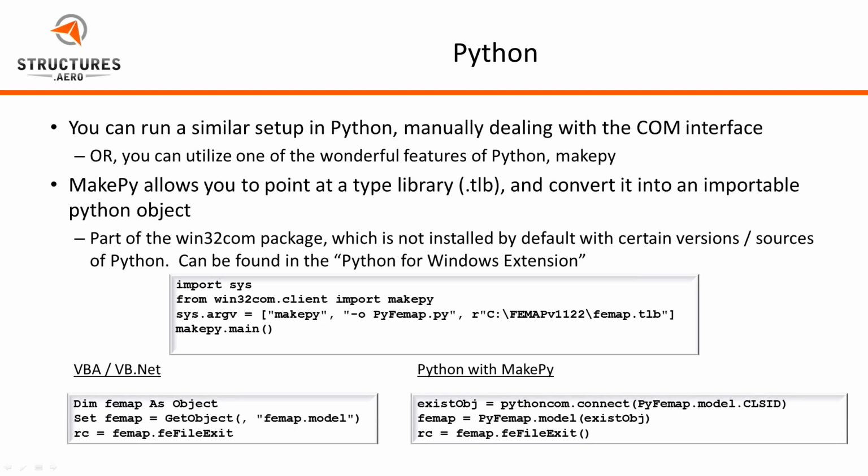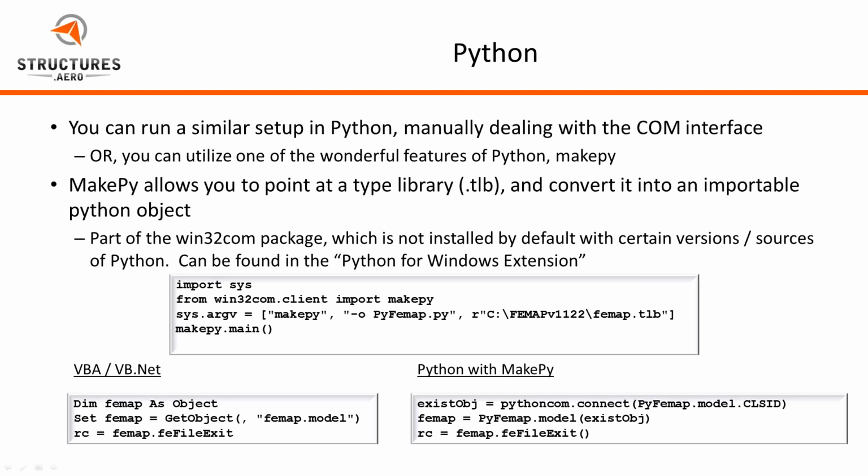So what this is going to do is give us a way to utilize the FEMAP API directly in Python. On the left, we have the same code we looked at before, right, where we're declaring an object and then calling the FE file exit. On the right, after we have imported this new pyfemap file, we can do basically the same thing. The first line goes and finds that object of the running FEMAP session.